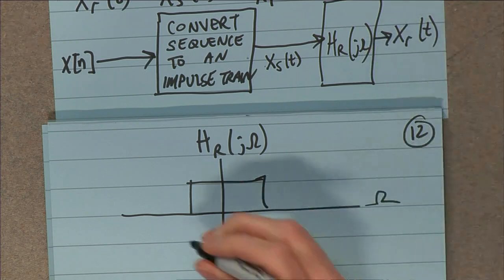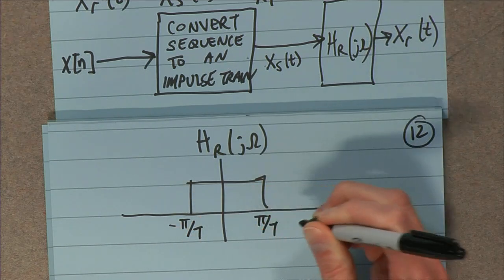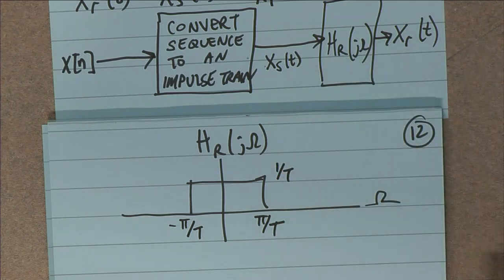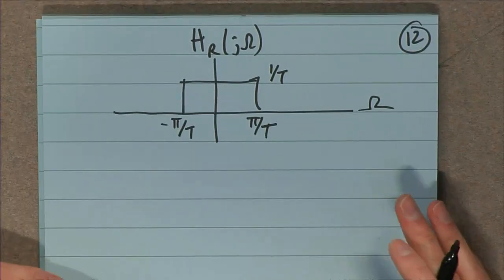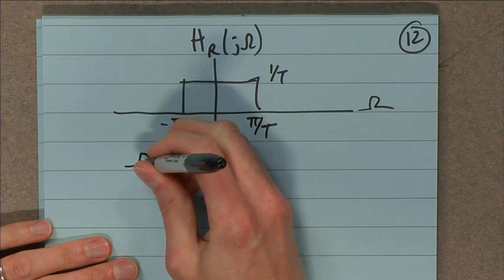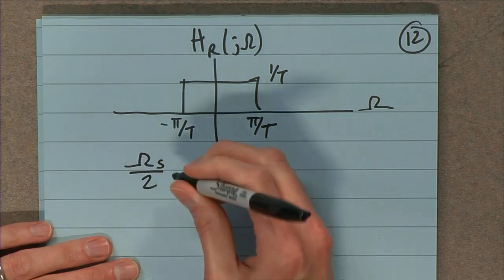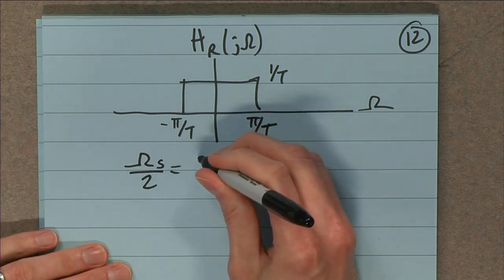So as I said before, I just threw out here that the ideal reconstruction has a frequency response like this, and didn't really say why that would be particularly desirable. Well, omega_s over 2 was the assertion of a good cutoff. And omega_s is what?